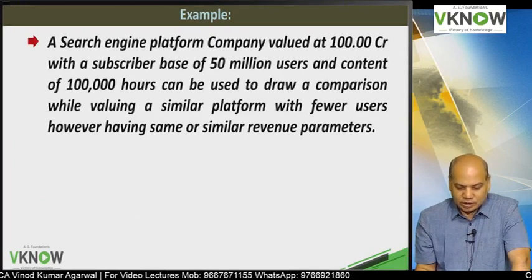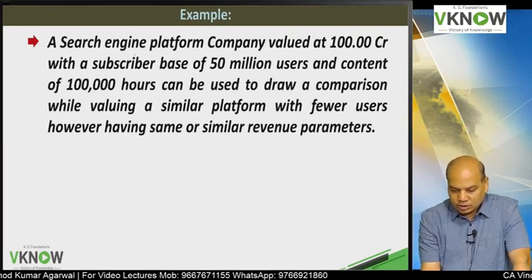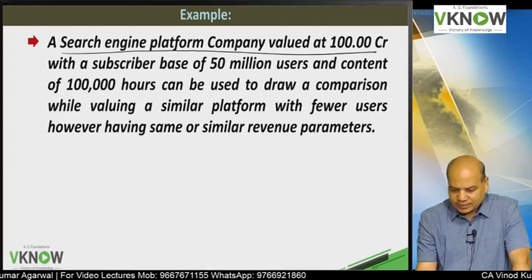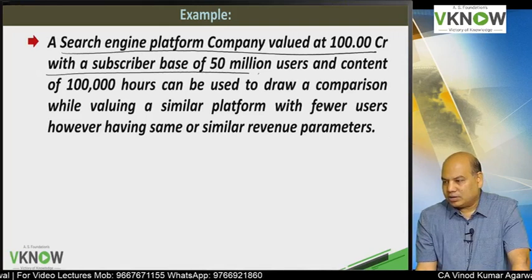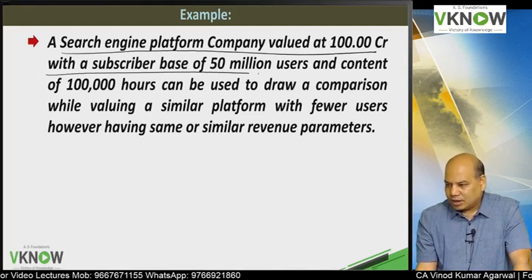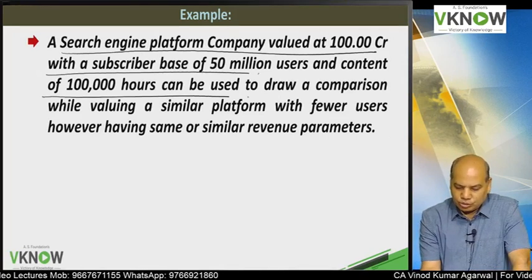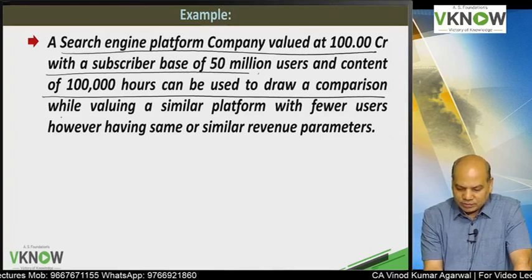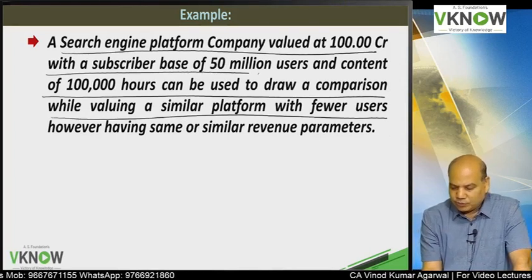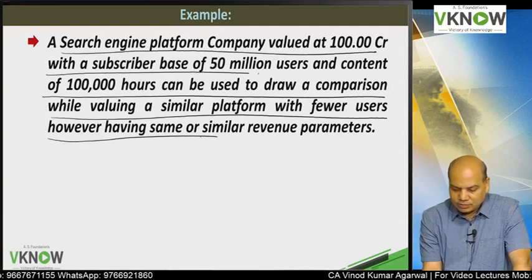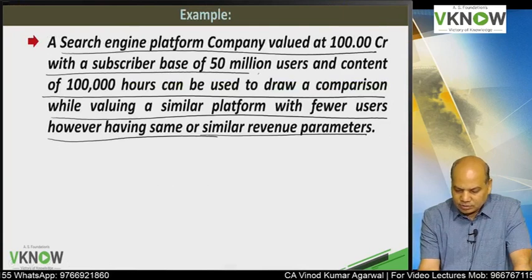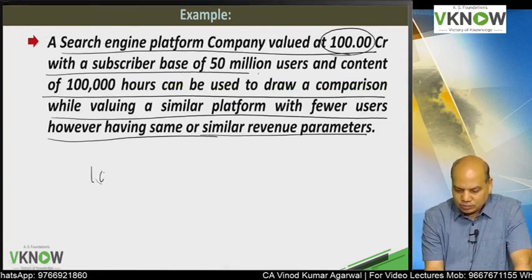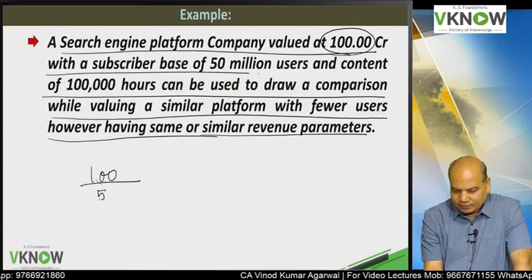One example is given in your book. A search engine company was valued at 100 crore, which has 15 million users and content of 1 lakh hours, and can be used to draw a comparison while valuing a similar platform with fewer users having similar or same revenue parameters. For example, this company is valued at 100 crore and it has 50 million users.